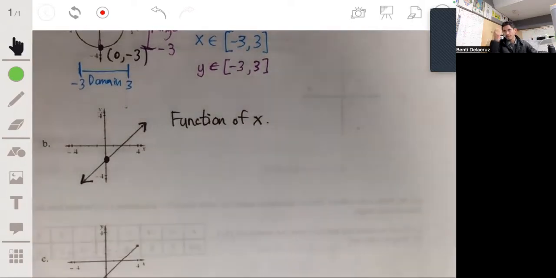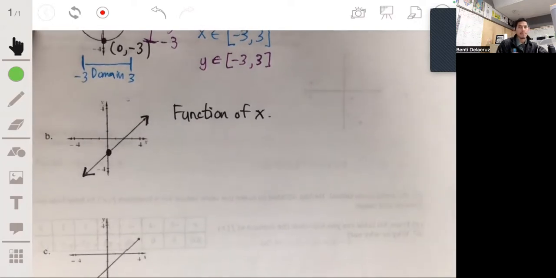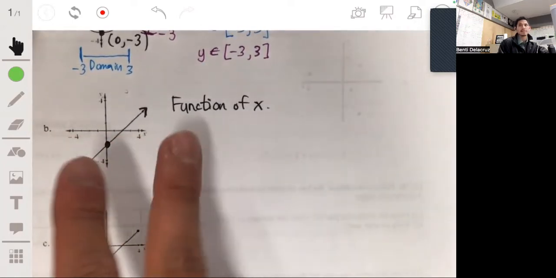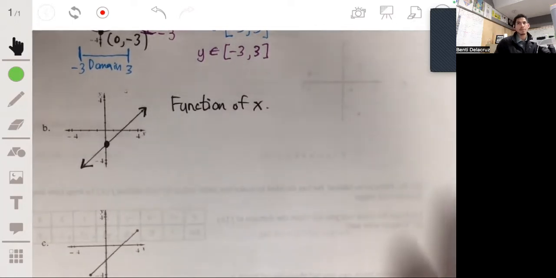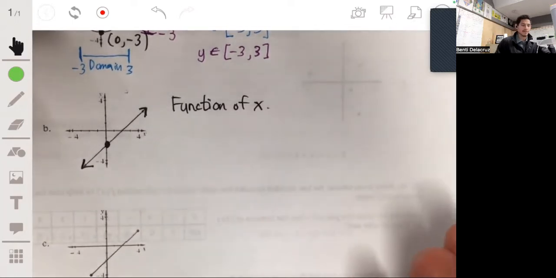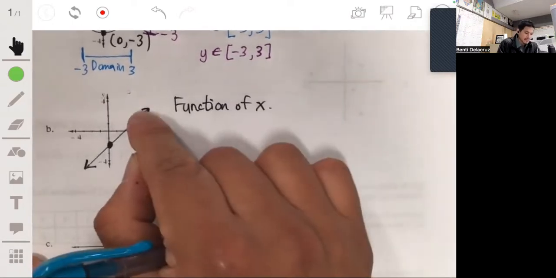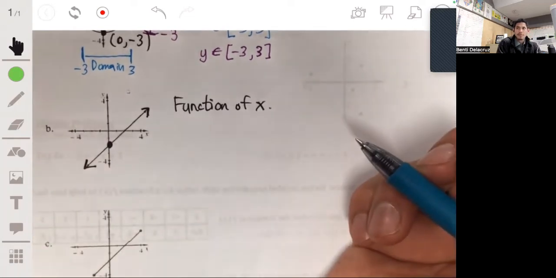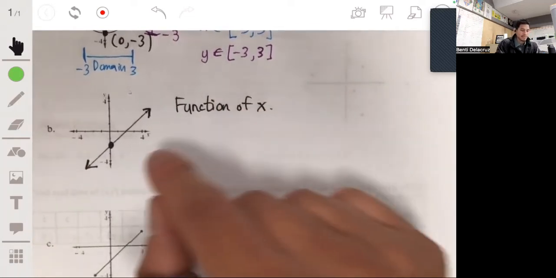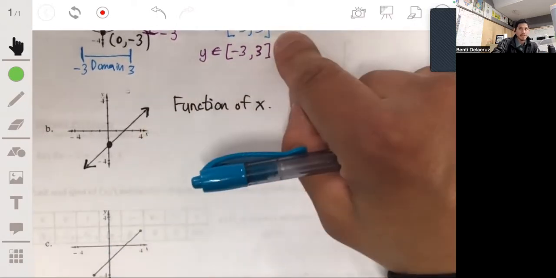And now let's write down the domain and range. The domain would be, again, the set of x values that this graph takes up, the set of x values that this graph spans. And since it goes infinitely in that direction, this direction, the domain are all the real numbers because it goes forever to the right. If we were to go in this direction, we would keep on increasing in x.